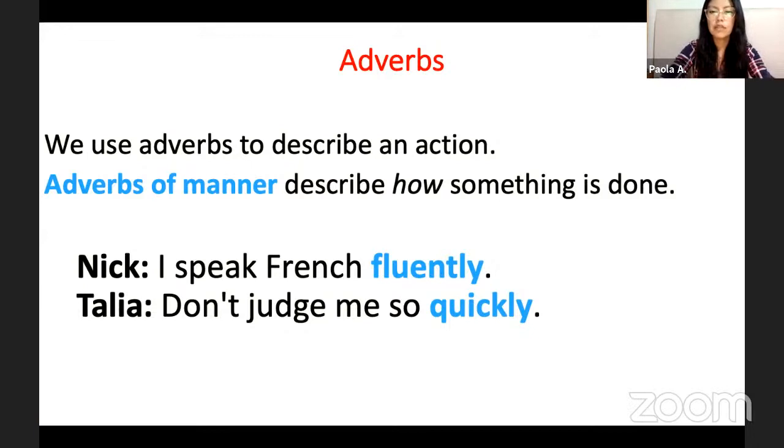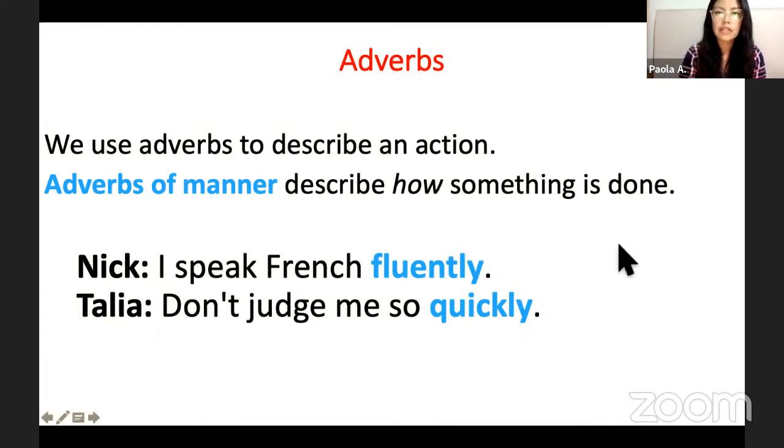So I speak Quechua fluently, no? So this adverb is helping me to describe, no, how do I speak Quechua? No, fluently means that you're good at it, no? That you maybe hold a conversation, maybe you can talk with someone in Quechua, basically, no?